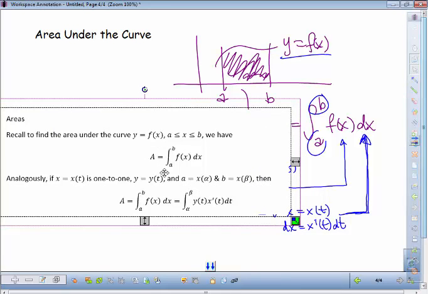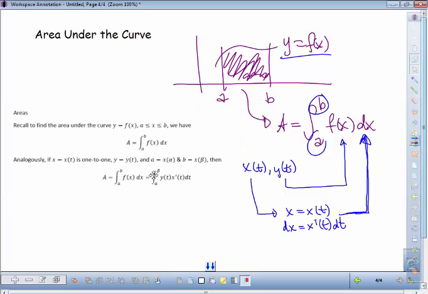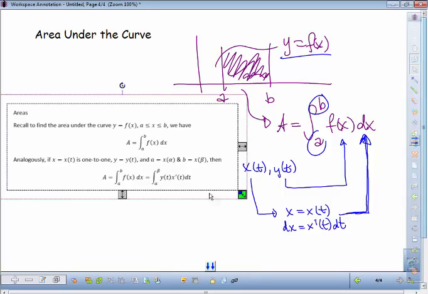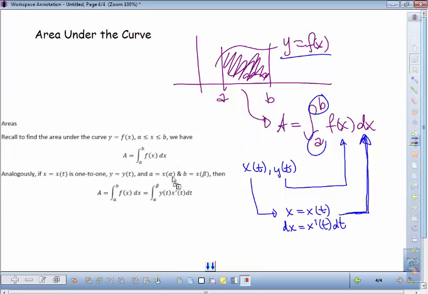Oh, I could shrink it, but I can just put it on the next page. Can you guys see? Should I put it on the next page? It's basically here.